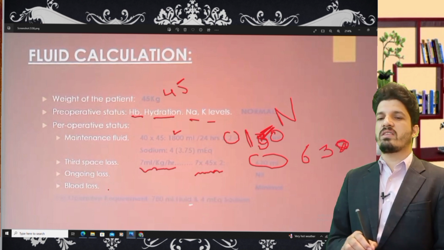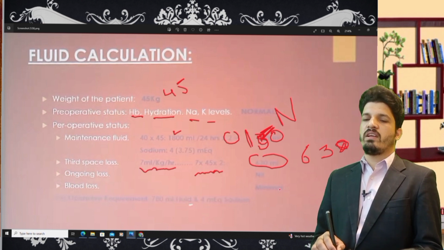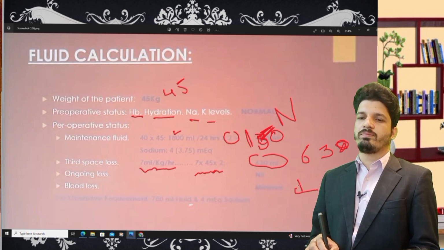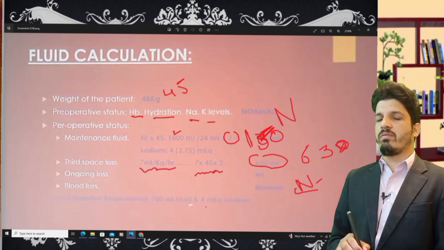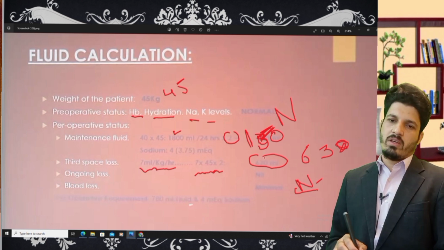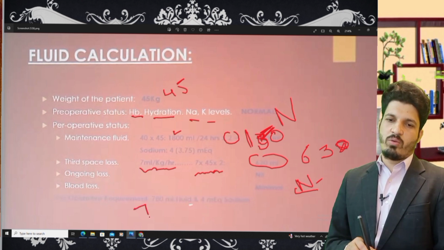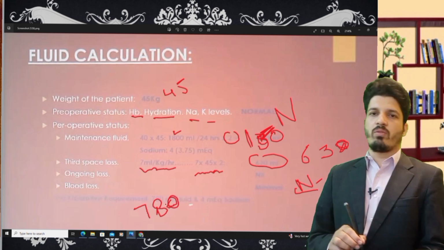Ongoing loss is nil, and the blood loss is also nil. So the total per-operative fluid is 630 plus 150, which almost comes out to be 780 ml. That's the per-operative fluid he will require.